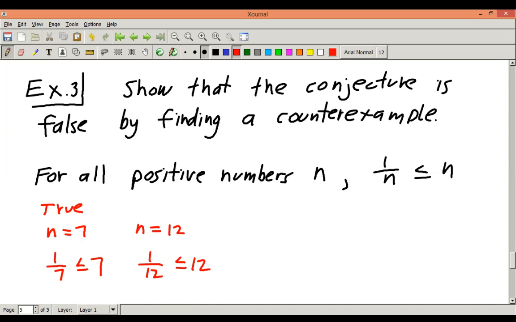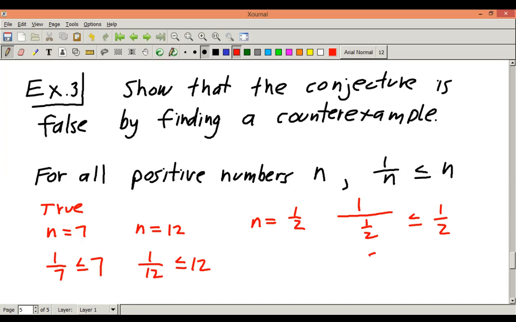So what if this time I choose n is 1/2? That's a positive number. It doesn't say it had to be a whole number. So if I put 1/2 in for n in both spots, I get 1 divided by 1/2 is less than or equal to 1/2. 1 divided by 1/2 is 2.